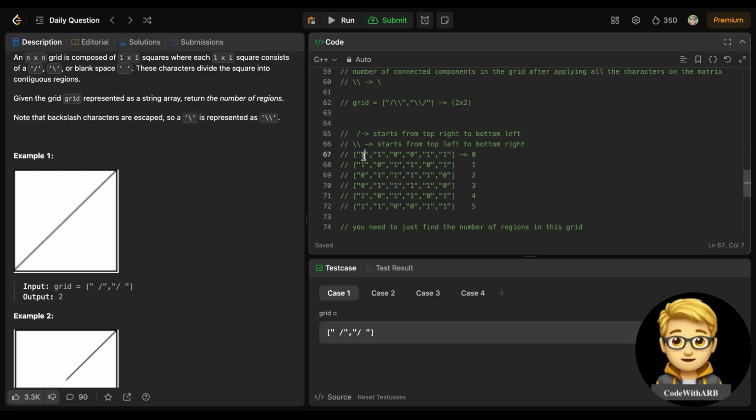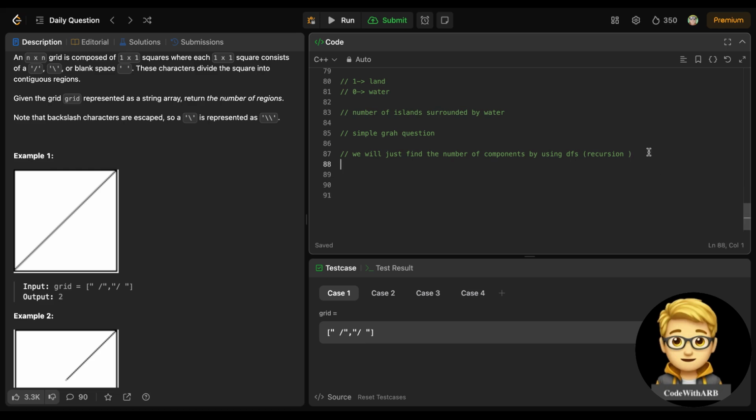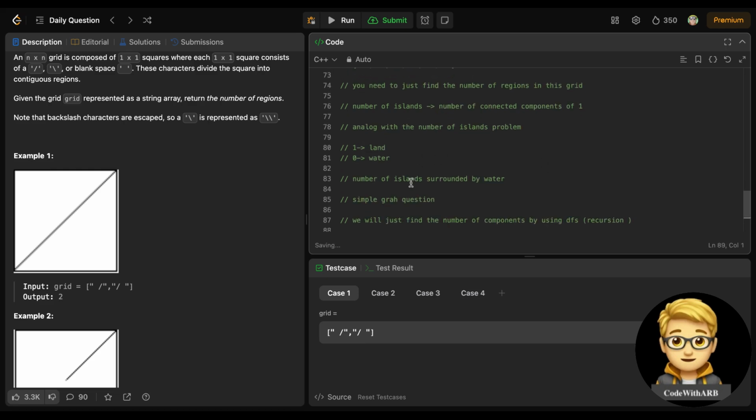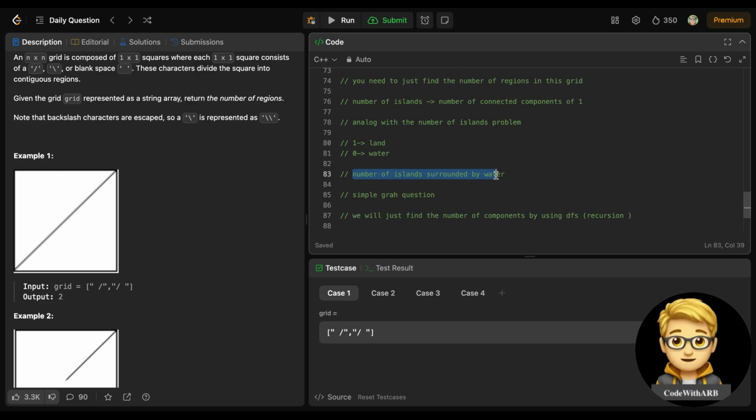If I have a 1, I will start searching for its other lands in all four directions, upper, lower, left, and right. I will start searching for land, and if I find it, I will mark it as 0, and the component count increases by 1, right?